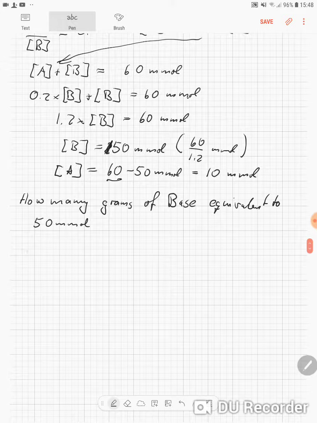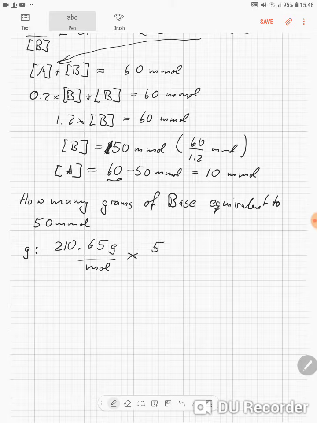So we need to find out gram is 210.65 gram per mole, and we have 50 millimole, times 50 times 10 to the minus 3 mole.